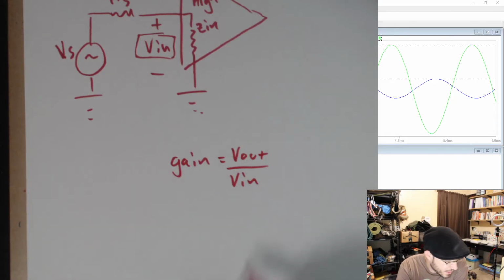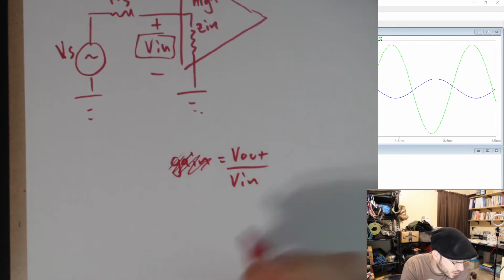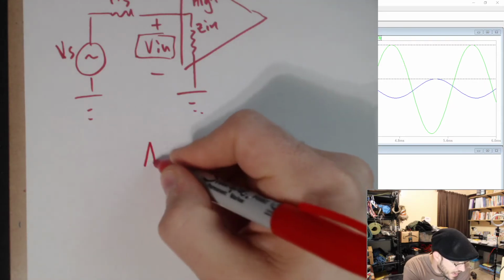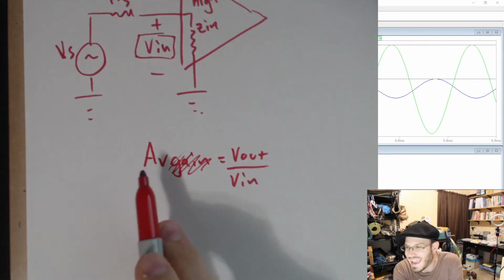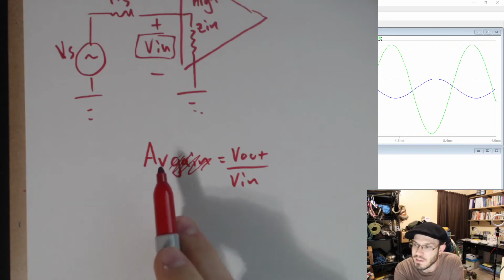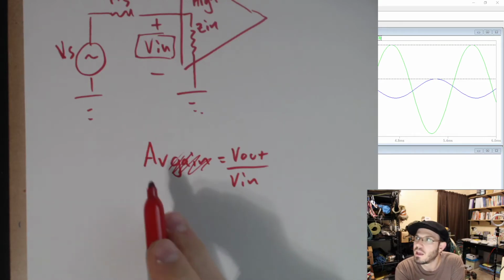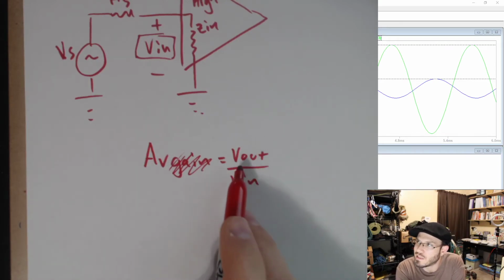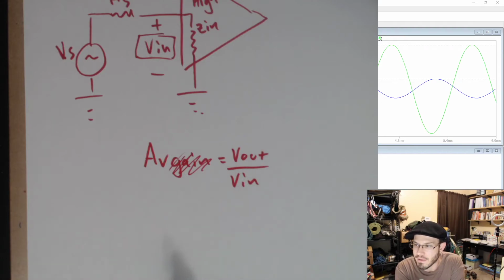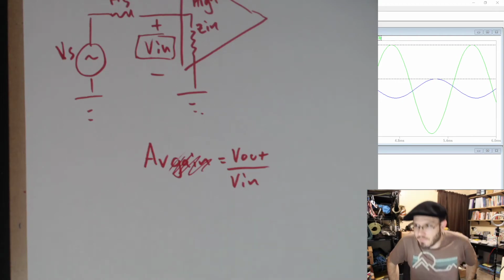And actually, I should say AV for voltage gain. A is used for gain, V is for voltage gain. The voltage gain is always defined as V out divided by V in. So I have my measurements from LTSpice, and if I divide V out by V in, I should get the gain of this amplifier.